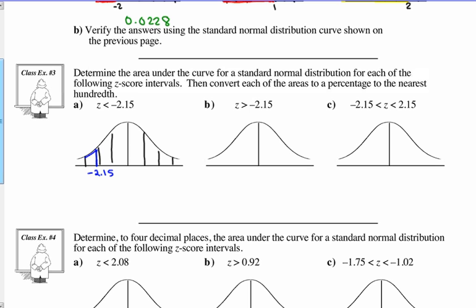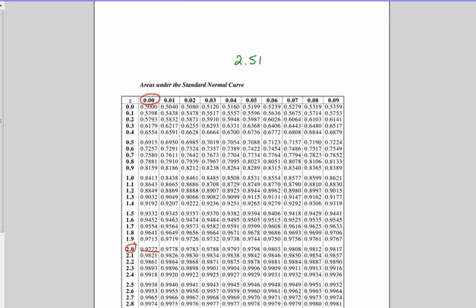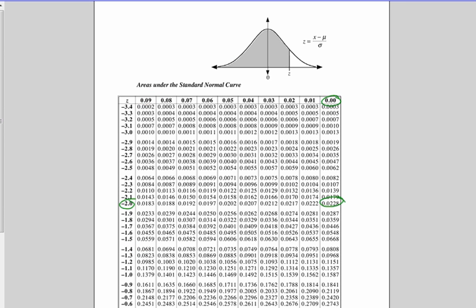We want to shade to the left, always to the left. So notice Z is, this symbol means less than. Okay, so looking with our z-score sheet, we want the negative -2.15.